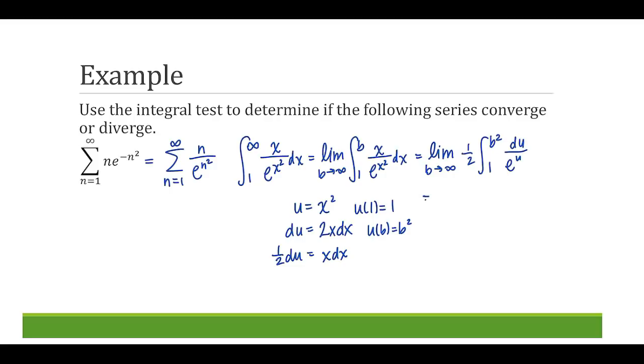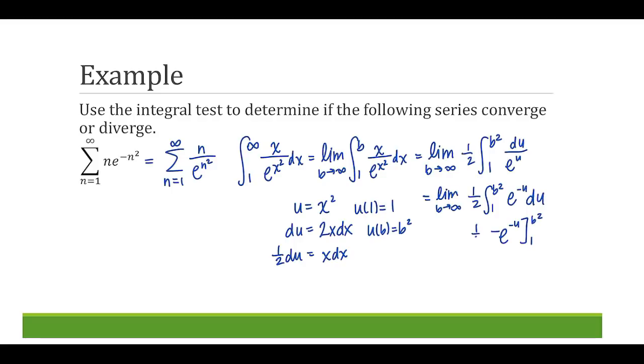So we're going to have to rewrite this as the limit as b approaches infinity of 1/2 the integral from 1 to b squared of e to the negative u du. And then we will go ahead and find the antiderivative, which is negative e to the negative u, evaluated from 1 to b squared.